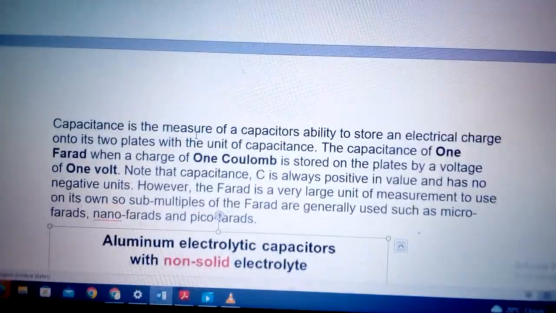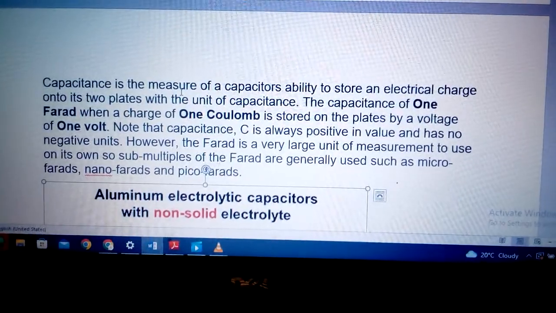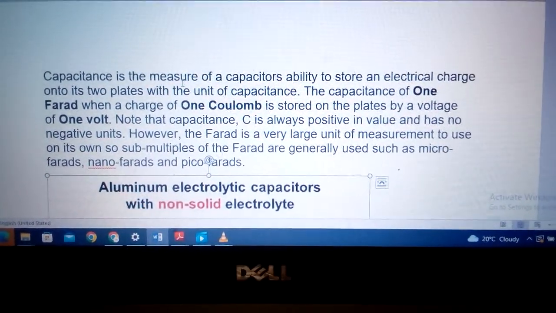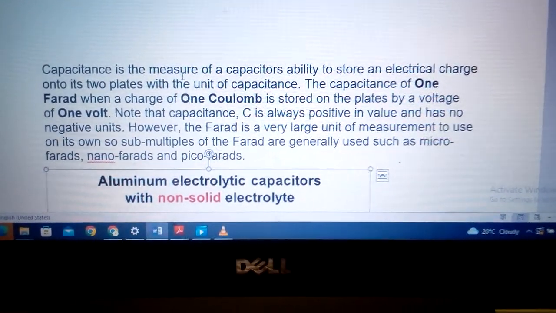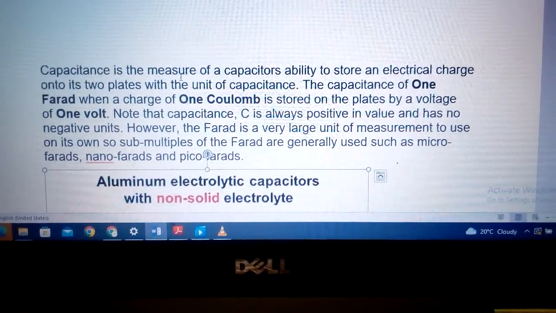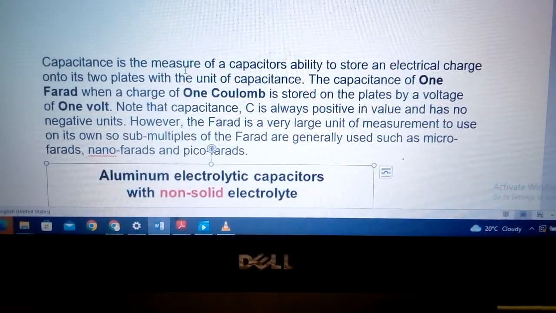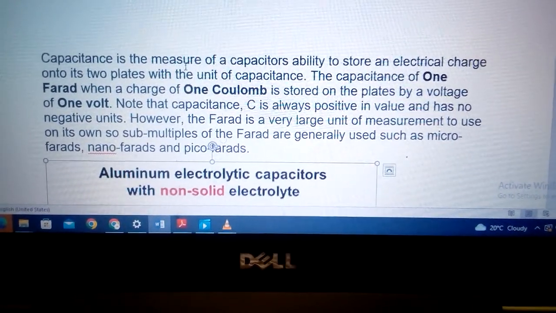Now, we said a capacitor has the ability to store an electric charge. This ability is called capacitance, and we said capacitance is measured in farads. Now, 1 farad is equal to 1 coulomb stored by 1 volt.